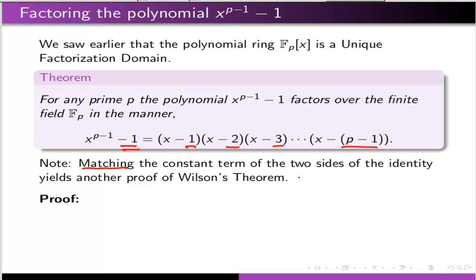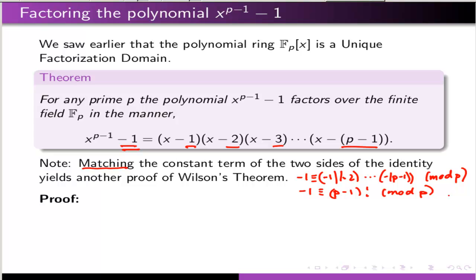So negative 1 is congruent to (negative 1)(negative 2) up to (negative (p minus 1)) mod p. And we have an even number of negative signs on the right hand side. So this is just saying negative 1 is congruent to (p minus 1) factorial, which is Wilson's theorem.